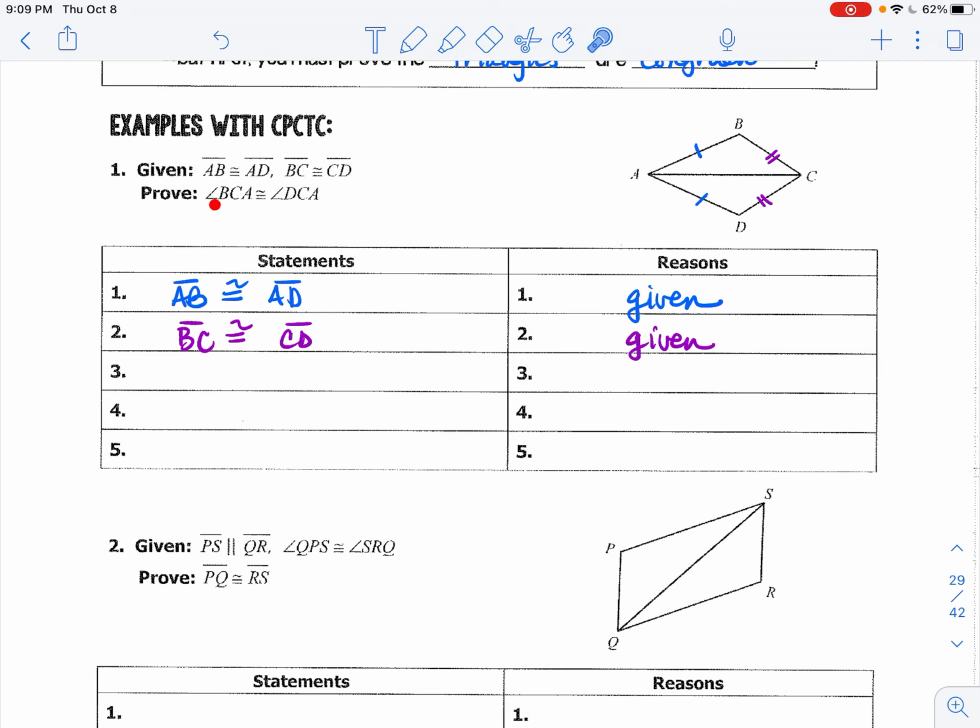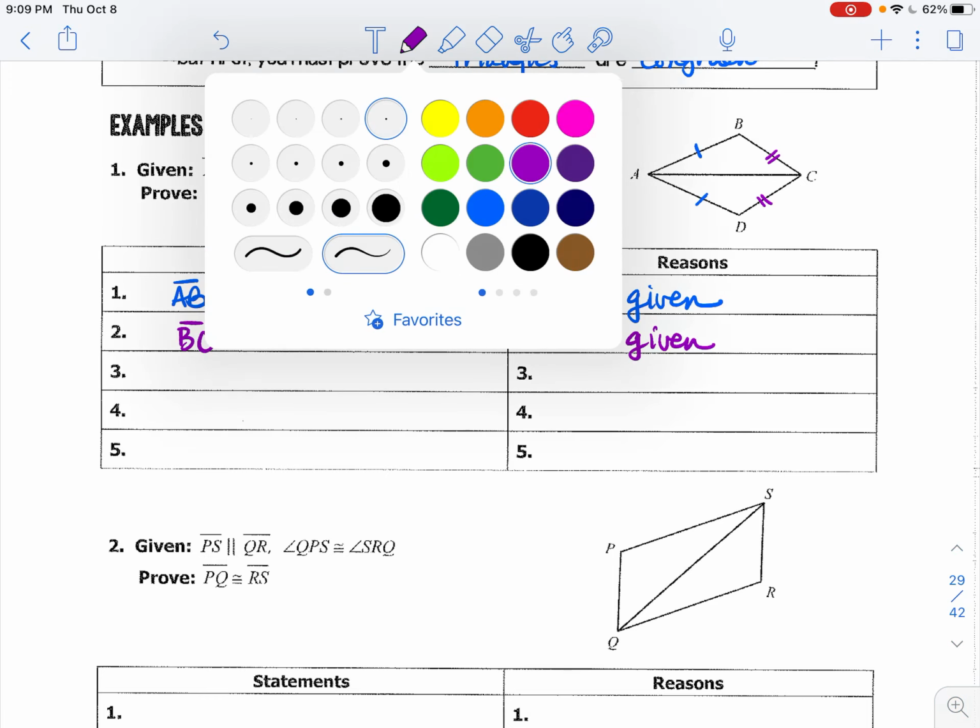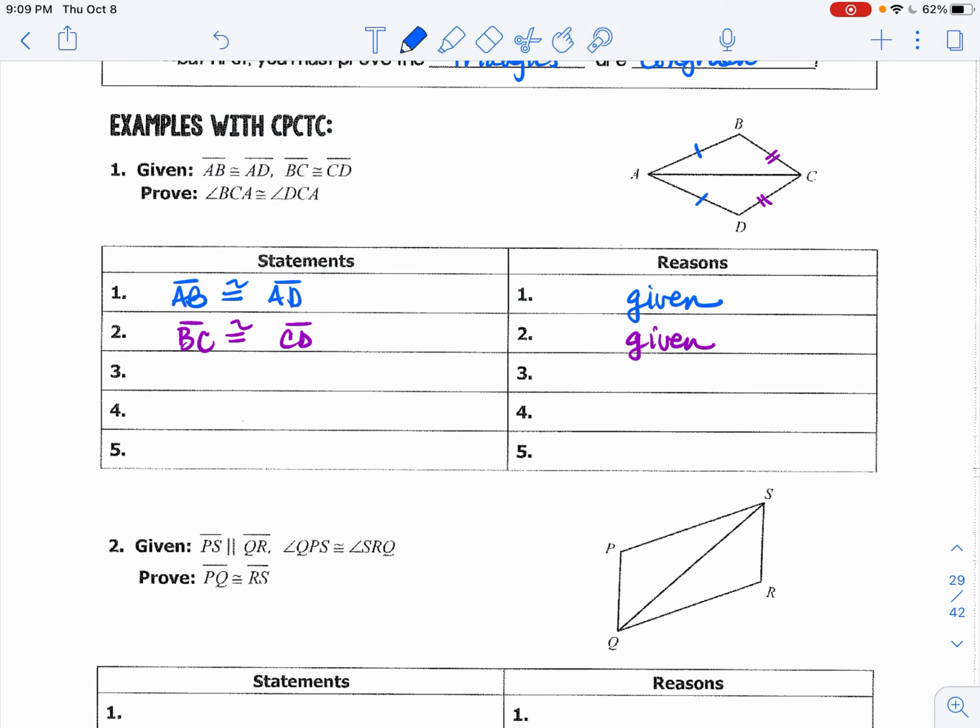We want to prove that triangle BCA is congruent to triangle DCA. Well, there's a third side that's congruent to itself. You can see that we have a shared side for both of these triangles.